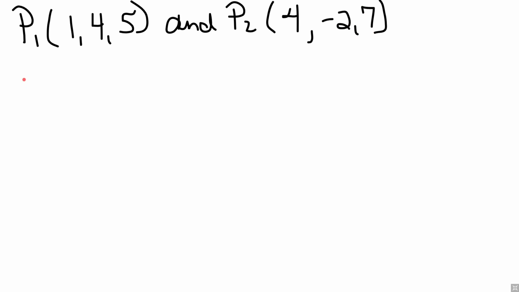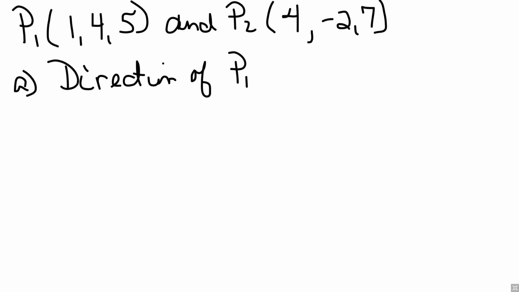Okay, so for the A part, we're going to deal with the direction of P1P2. Now, here's what we have to do first. In order to do this problem, we first have to find the vector P1P2.